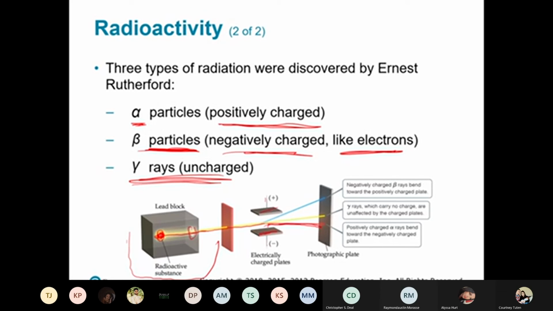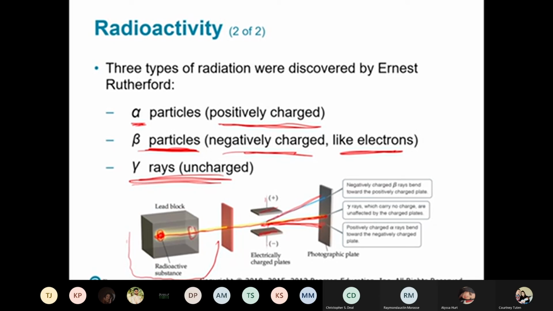And then the beta particles that were negatively charged went up here when it shot out, because they were attracted to the positive plate, and also repelled by the negative plate. But then the gamma rays that were uncharged went straight through the middle. They were unaffected by those changes.